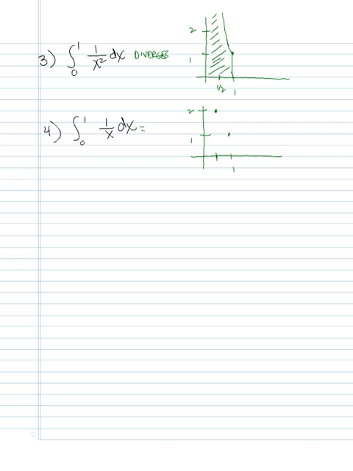And notice this gets close to that y-axis much more rapidly. It may not be clear here at all, but in this case, this actually converges. It's kind of the opposite scenario, isn't it?